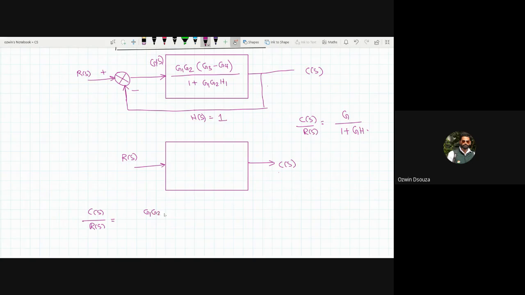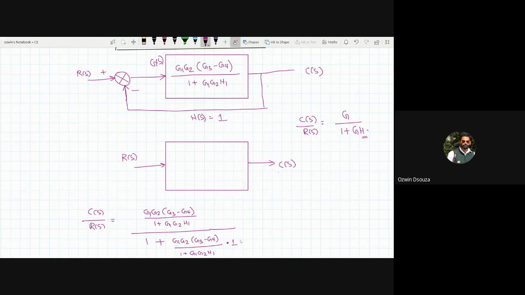G1, G2, G3 minus G4 divided by 1 plus G1, G2, H1, divided by 1 plus, because it is negative feedback. So for negative feedback, you get 1 plus in the denominator, right? Into G into H. So again, repetition of numerator, G1, G2, G3 minus G4 divided by 1 plus G1, G2, H1 into H of S. What is H of S?